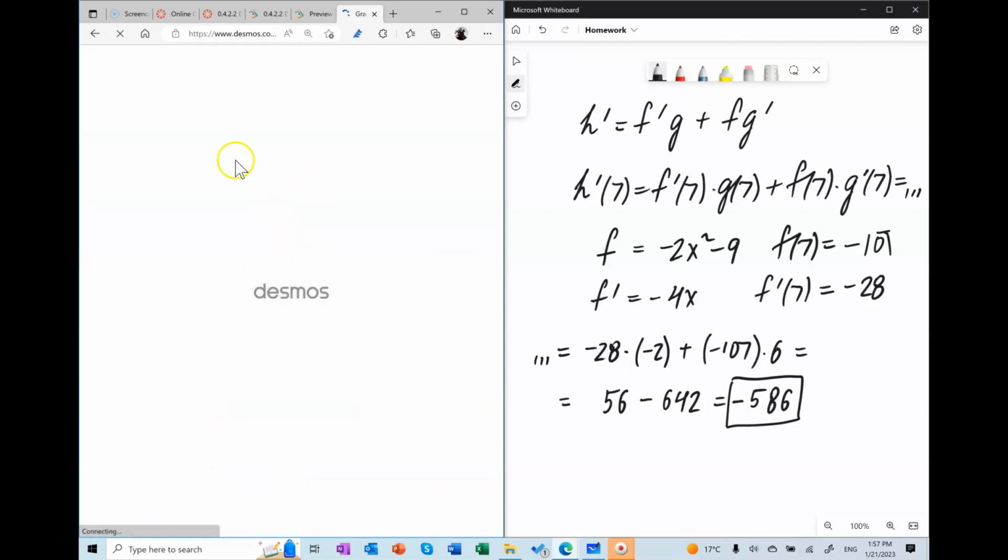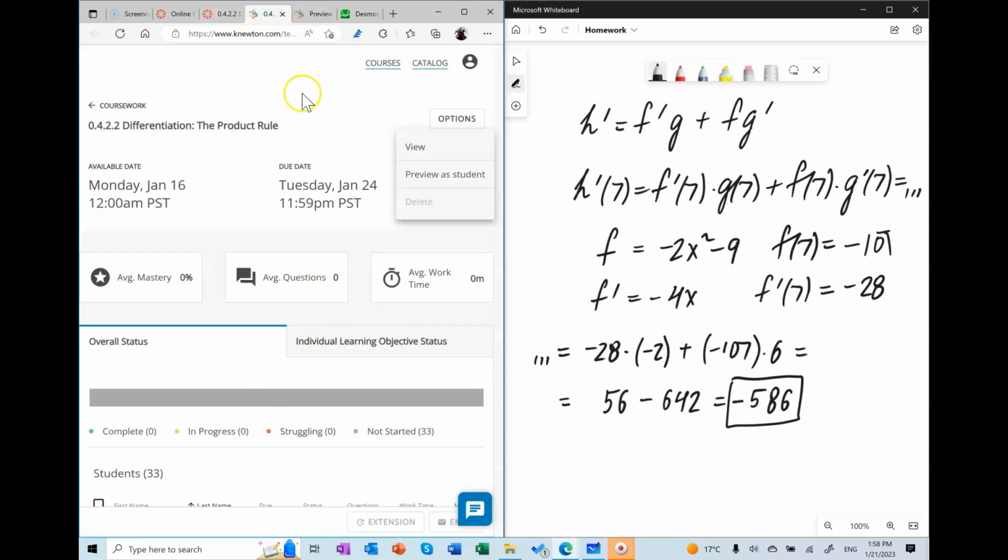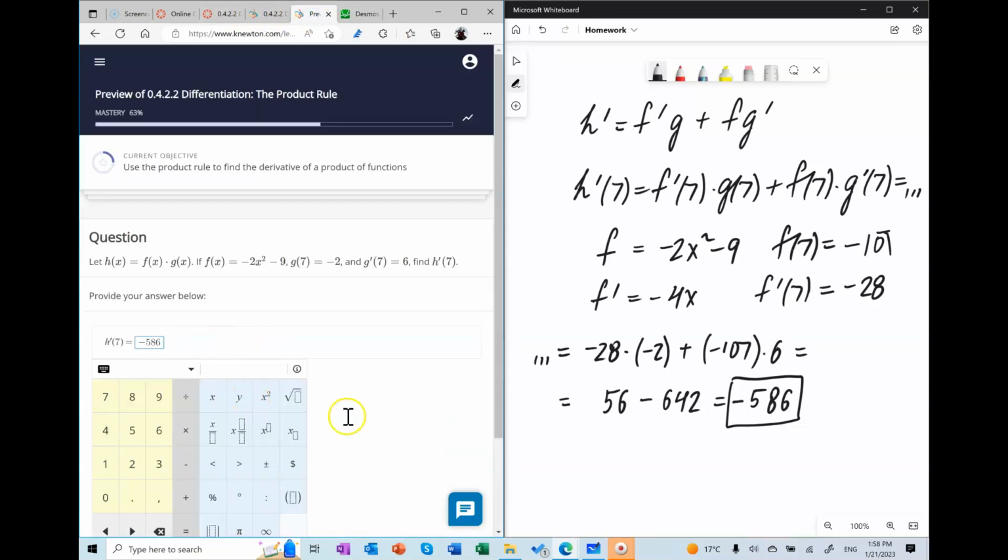You can just type exactly what we have here and see what the right answer is. So negative 28 times negative 2 plus negative 107 times 6, and that's the answer. So that's another way to use Desmos.